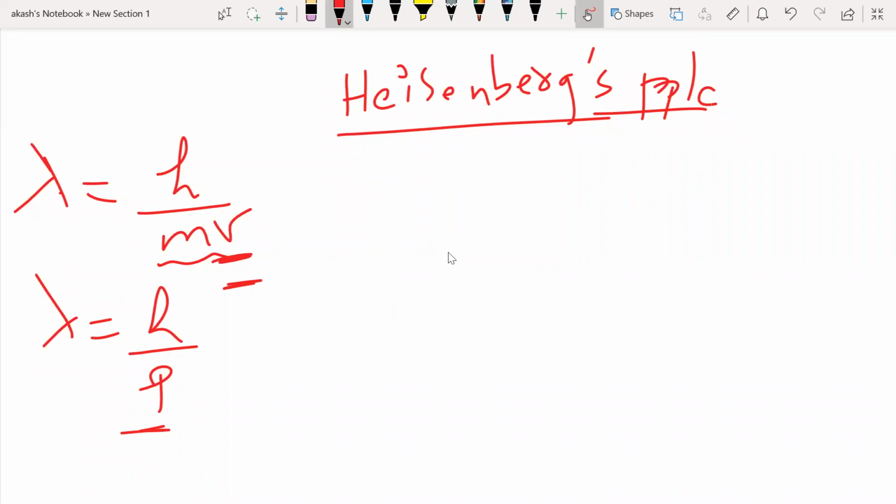So the statement says you cannot measure two conjugate physical quantities simultaneously with 100% accuracy.